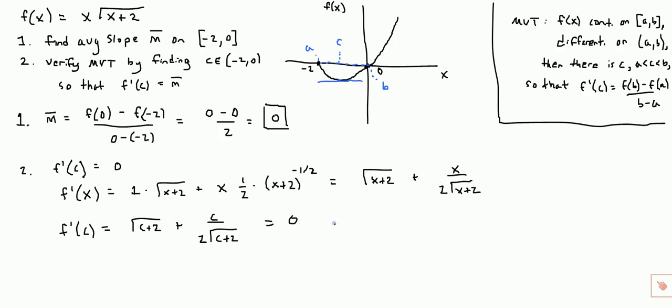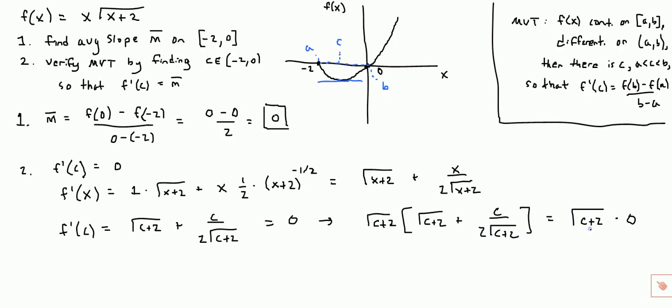So we multiply square root of c plus 2 to the left-hand side and the right-hand side. Okay, so we know the right-hand side is 0, so let's focus on the left-hand side.